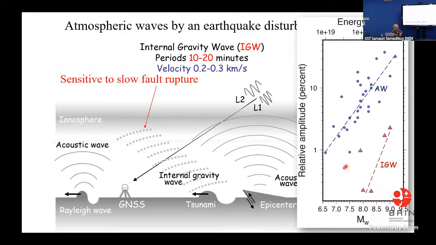But for this particular earthquake, the magnitude is only 7.9 or 8, but the internal gravity wave is very strong. This is the Indonesian Mentawai earthquake. It's a tsunami earthquake.